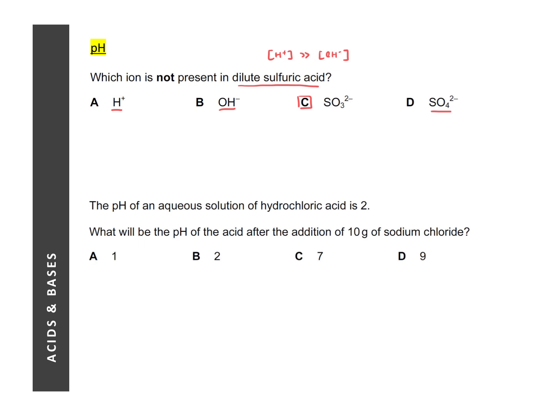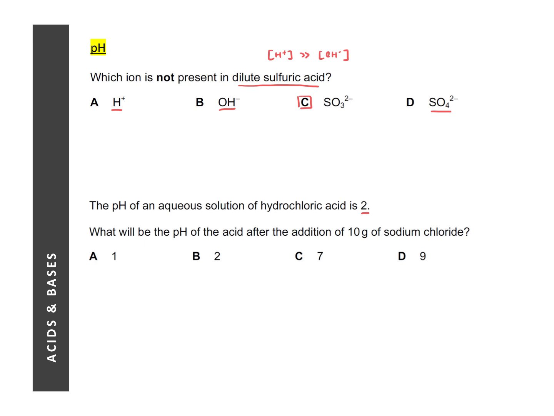Next, for the bottom question, you are told that you have a solution of hydrochloric acid with a pH of 2, and then what will be the pH of the acid when you add sodium chloride to it. Now the key question that you need to ask yourself is: will sodium chloride react with the acid?